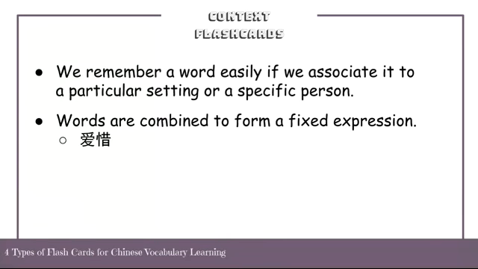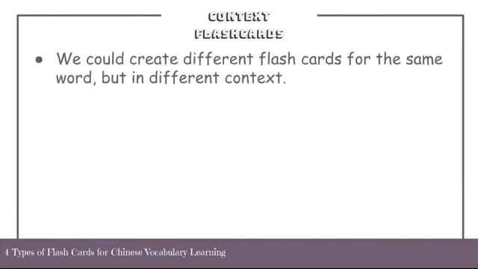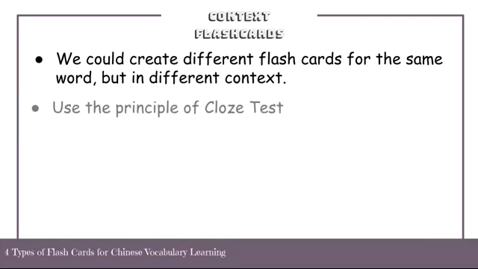And in fact, 爱惜 in most cases is used very often. Okay, now when we talk about context flashcards, we could create different flashcards for the same word, but in different contexts. This is based on the principle of the cloze test.